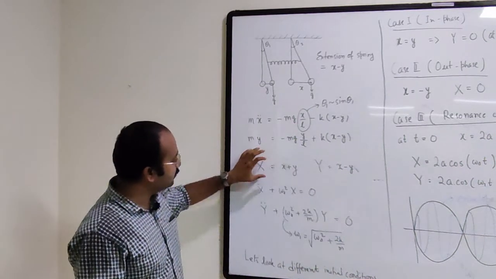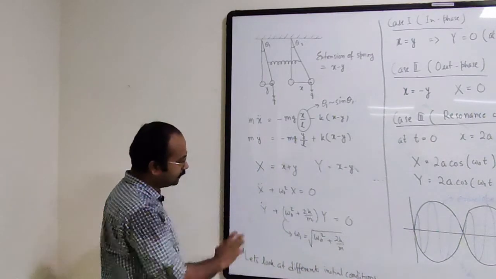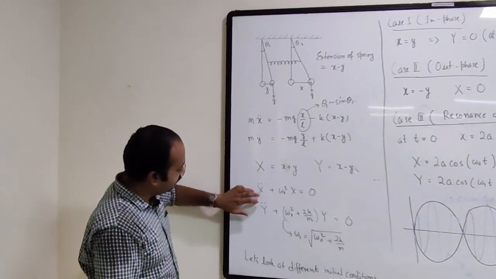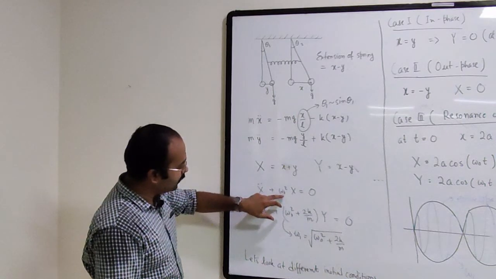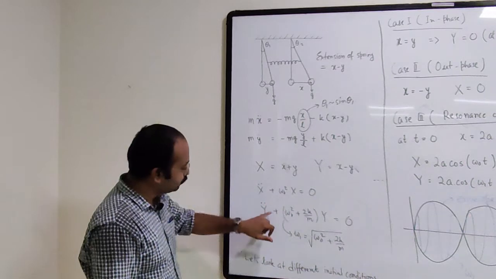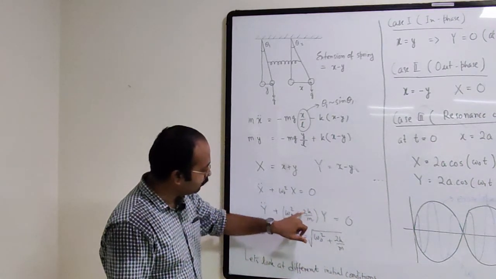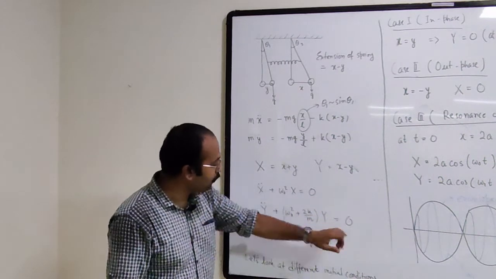Now in terms of this big X and big Y, these two differential equations can be written as big X double dot plus omega naught square big X equal to 0, and big Y double dot plus omega naught square plus 2k by m big Y equal to 0.